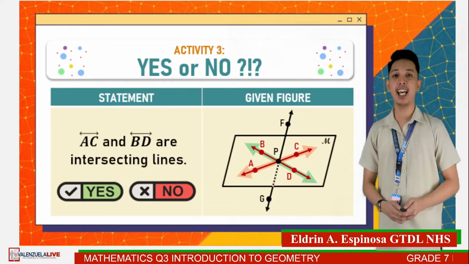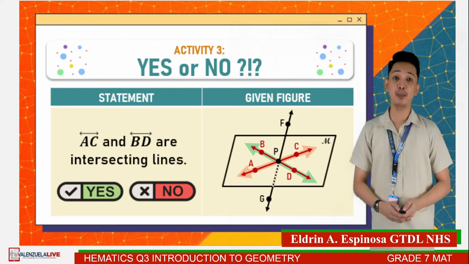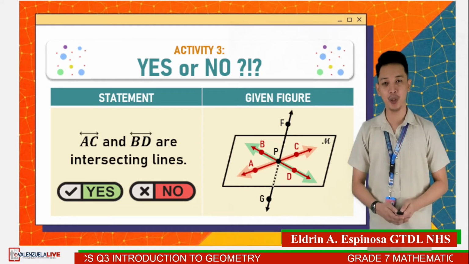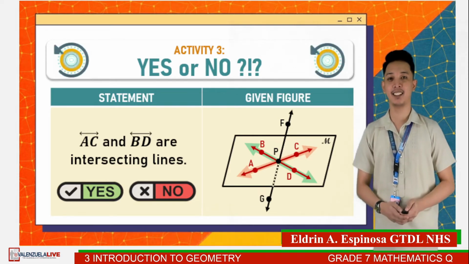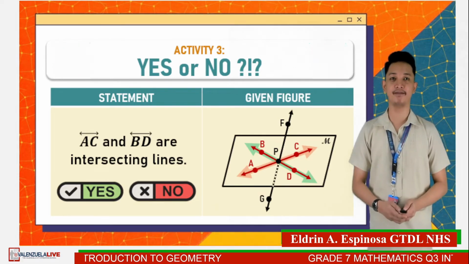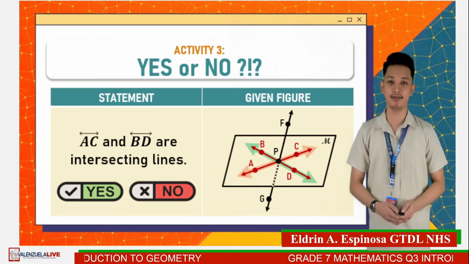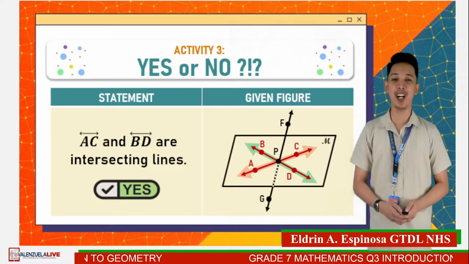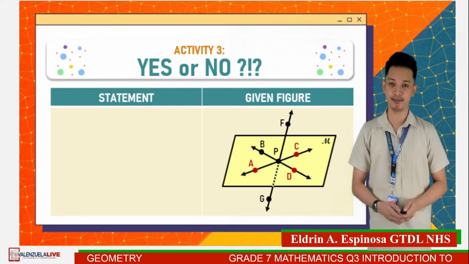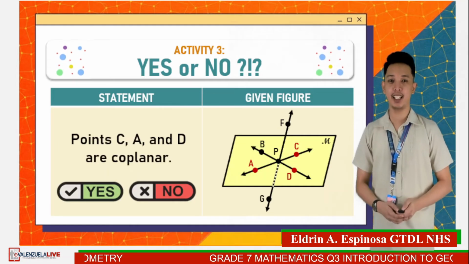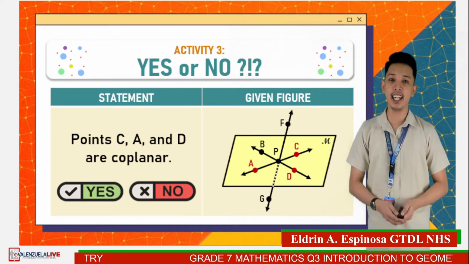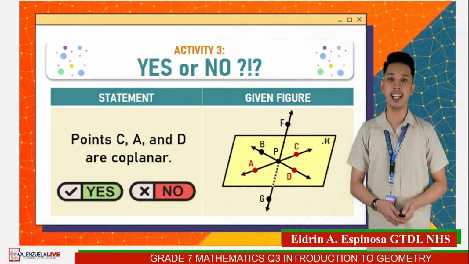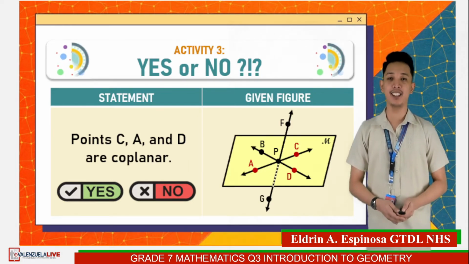Next statement, lines AC and BD are intersecting lines. Yes or no? Go! If your answer is yes, then you are correct. Next statement, points C, A, and D are coplanar points. Yes or no? Go!